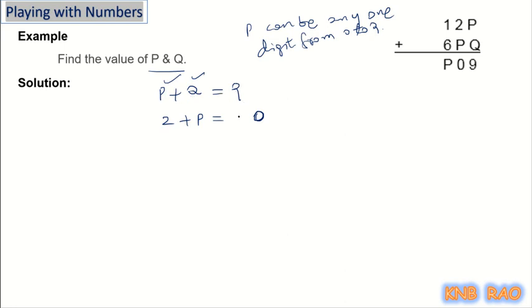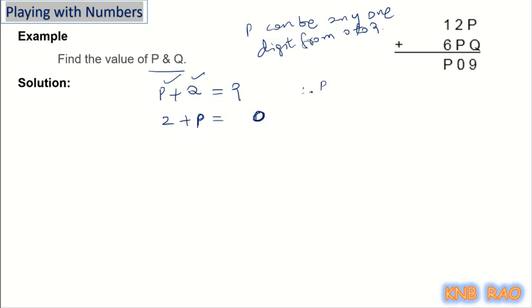Now you have to look for a probable digit that suits P. Suppose I took P as 0, then 2 plus 0 cannot be 0, isn't it? 2 plus that digit should give a number ending with 0. So, I have the possibility of P being only a single digit, 2 plus 8 gives you 10, isn't it?